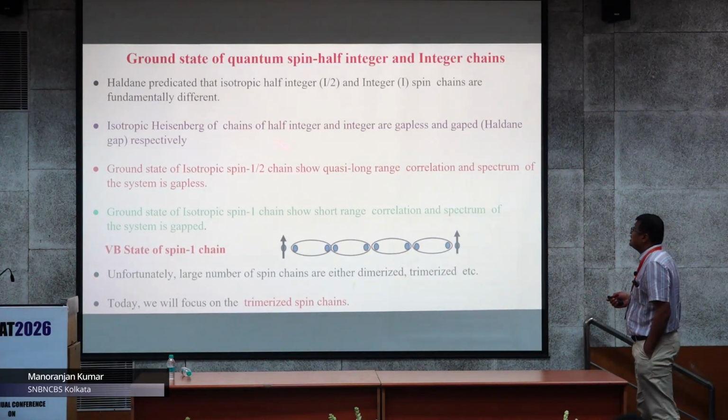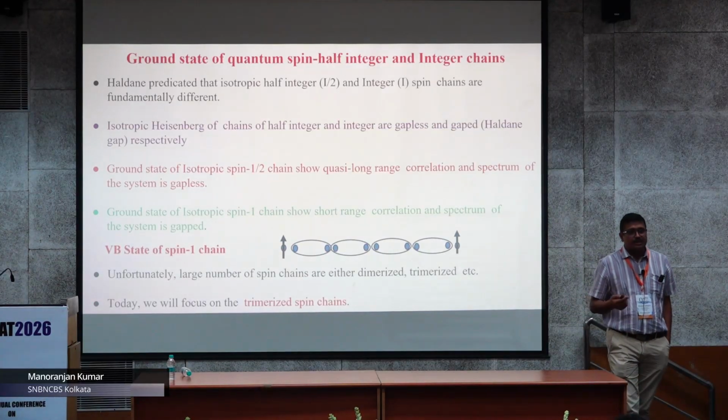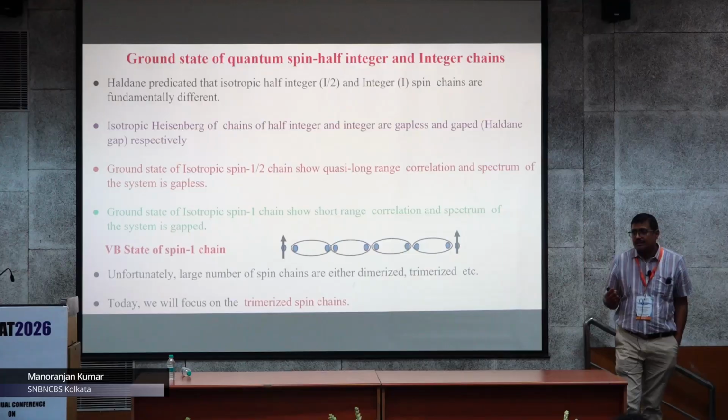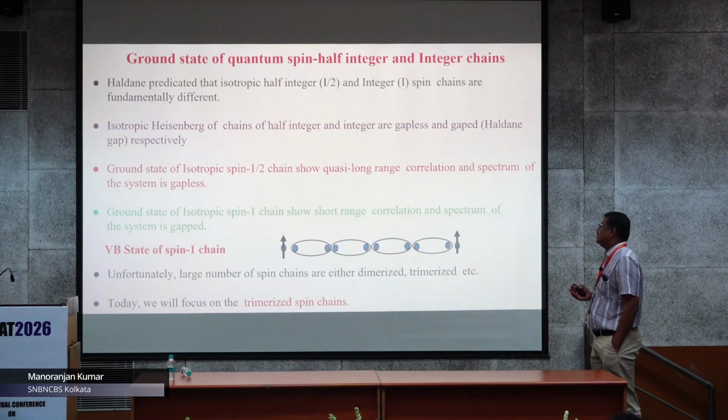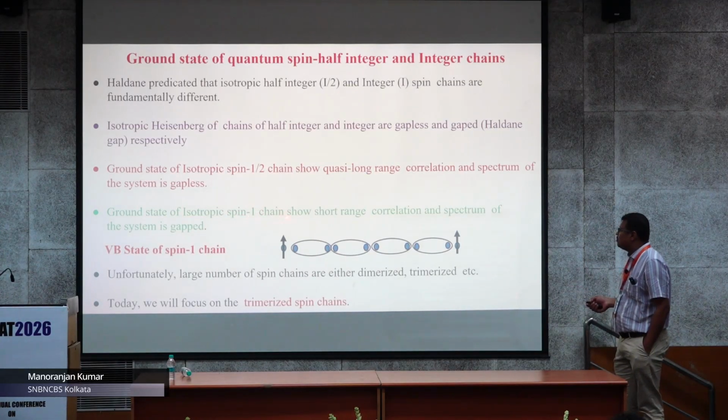The ground state of the spin halves is quasi long range order, so it's still not an ordered system, but it's a sort of quasi-ordered state, I would say, right? And then if you take spin 1, what you find is that it forms a VBS state like structure.